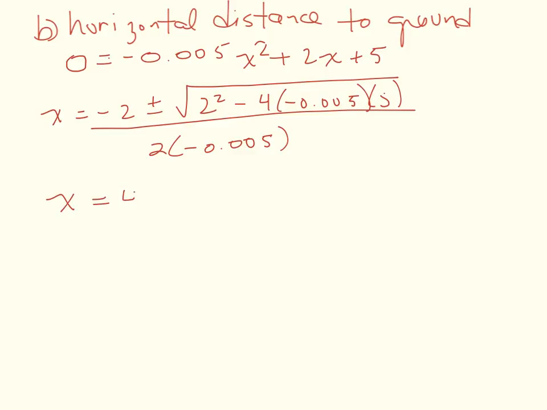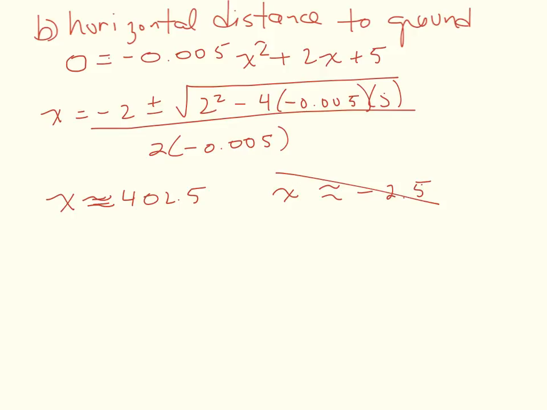We'll have x is approximately 402.5, and x is approximately equal to -2.5. We can discard the negative value because a negative horizontal distance for the arrow does not make sense.